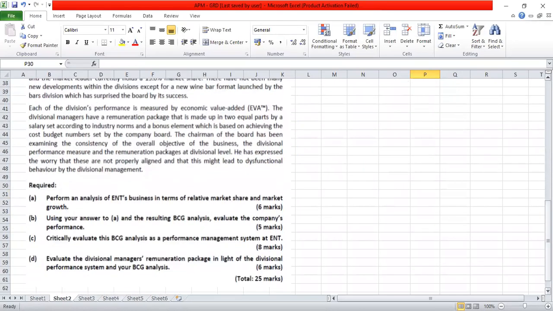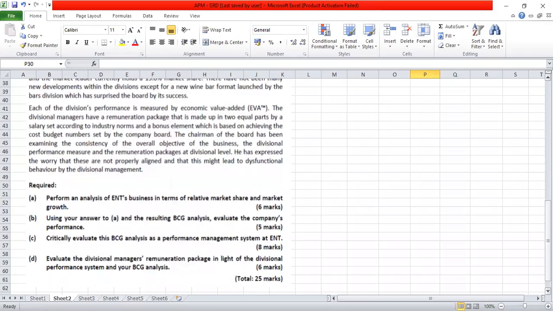Part B says using your analysis from A and the resulting BCG analysis, evaluate the company's performance. So we have evaluated the performance based on BCG analysis and categorized them into those four categories. Part C says critically evaluate this BCG analysis as a performance management system at ENT.